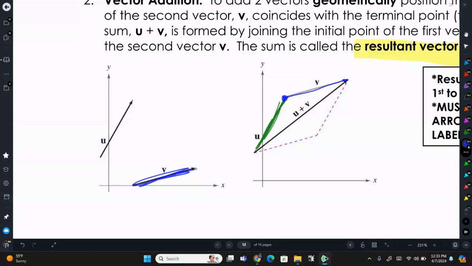So my resultant vector is the start of the first one, vector u, goes all the way to the tip or the terminal point for the second vector.